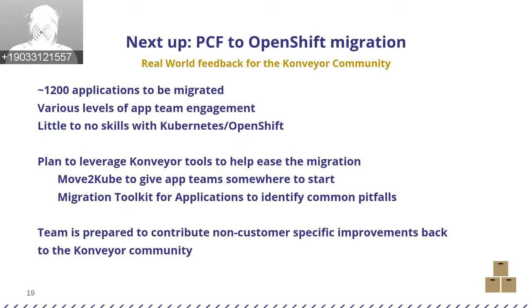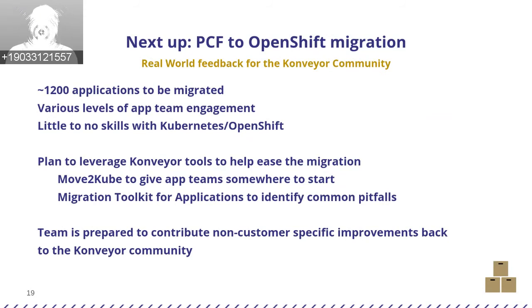And my resource who discovered that submitted a PR back to the Move2Kube project to fix the issue. And then we're also looking at Migration Toolkit for Applications, which is being renamed and merged with Pathfinder, and is now called Tackle.